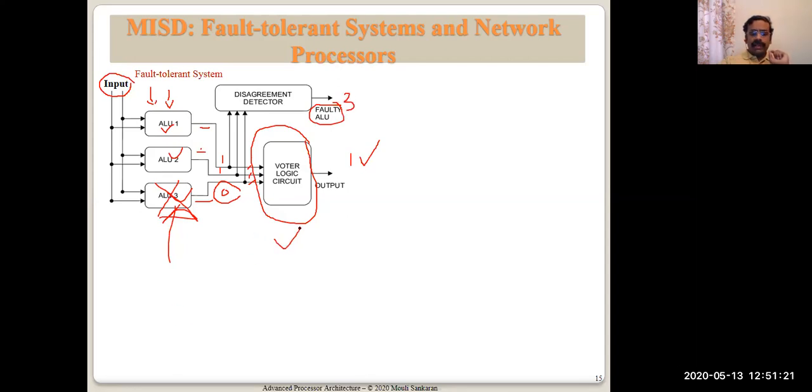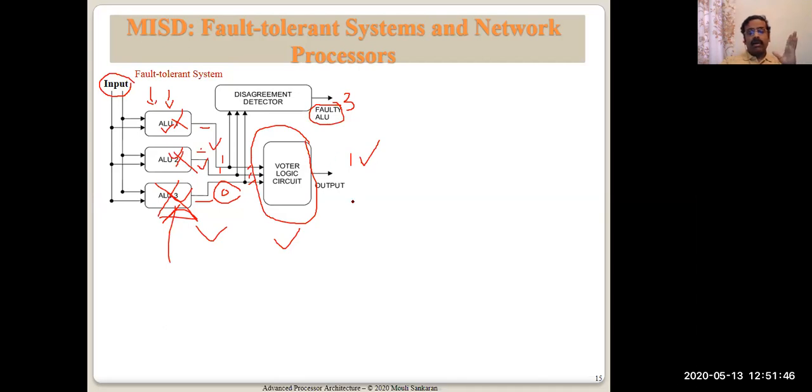So the voter logic decides based on the majority of what it is getting. If two systems are saying 1 1 and the other one is saying 0, it means something is wrong with that one and these two are correct. Probability-wise, two systems cannot fail simultaneously. That's what we are assuming. There is a possibility that both have failed and then this one is the only correct one.